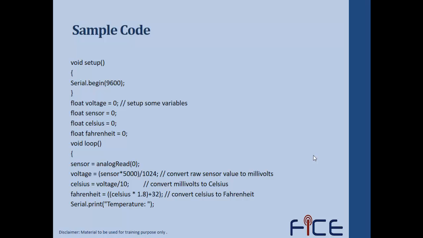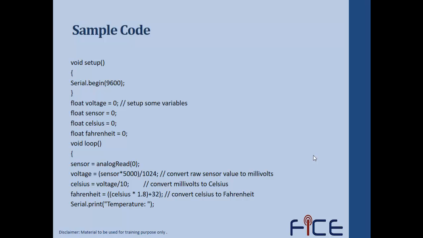This analogRead API is reading the value of a sensor that is connected to pin number 0 of the Intel Galileo Gen 2 board, and we are transferring the analogRead value to the variable sensor. After that we convert the sensor value to the corresponding voltage with the help of the formula sensor multiplied by 5000 divided by 1024.